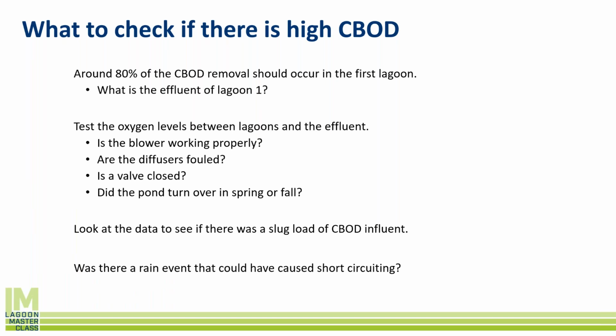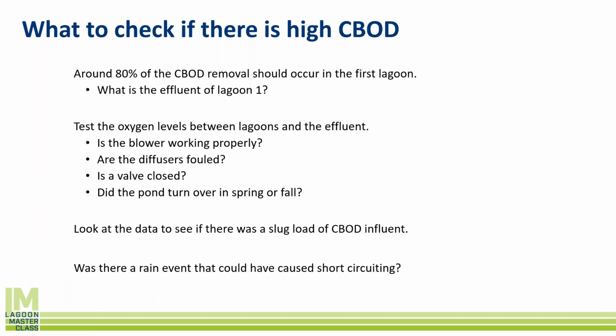A lot of times in lagoon systems, things that we have seen in the past that can cause this is industry, for example, food processing facilities that might be tied to the municipal sewer system. So a pig processing facility, pork facility, I've seen where they get large slug loads of fats, oils, and greases.